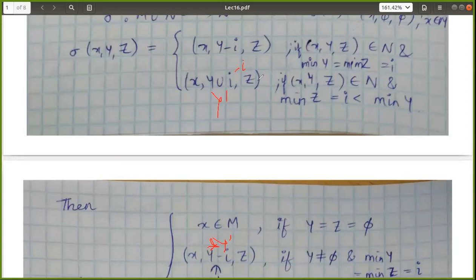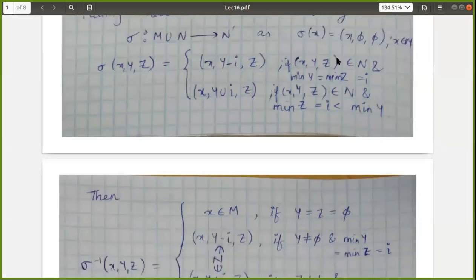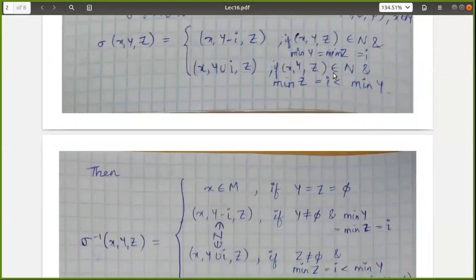Right? Yes. And similarly, if you consider the other one, so when you have started with x, y minus I and z, and now this you treat as y prime, y minus I is treated as y prime.